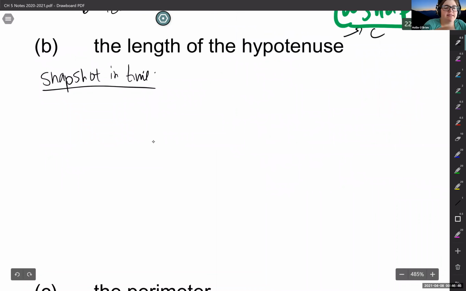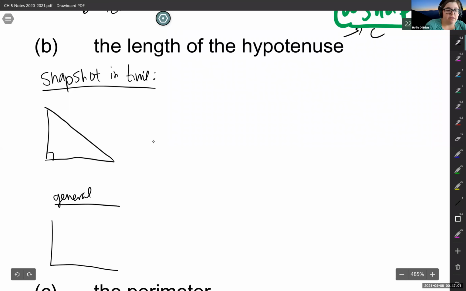So notice I said snapshot in time. So at the moment we're interested in, draw this, and of course I'm redrawing the general. You don't need to if you already have it drawn, but I'm just gonna show, okay, this is decreasing, base is increasing, we have a 90-degree angle, and height is 3, base is 4.